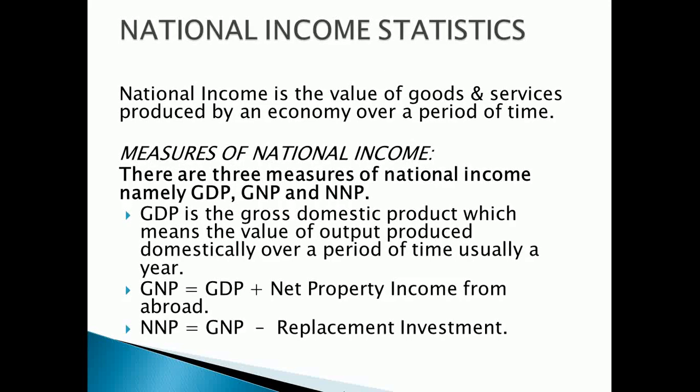In the two-sector model, there is no financial sector, no government, and no foreign sector. It assumes that through expenditure, households spend all their income on goods and services, or on consumption, and at the same time, through this expenditure, they purchase all output produced by the firms.